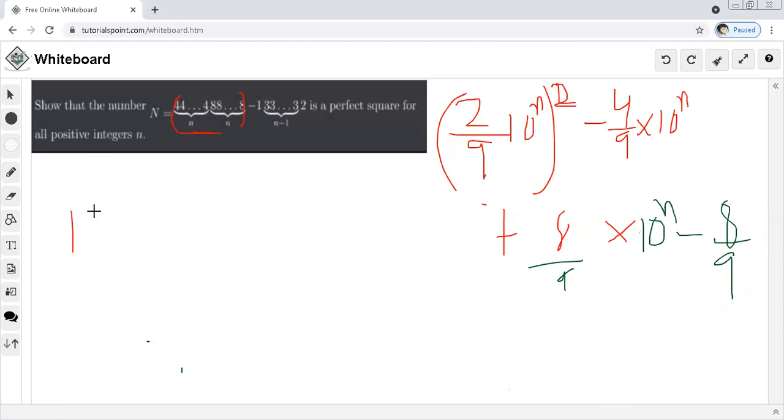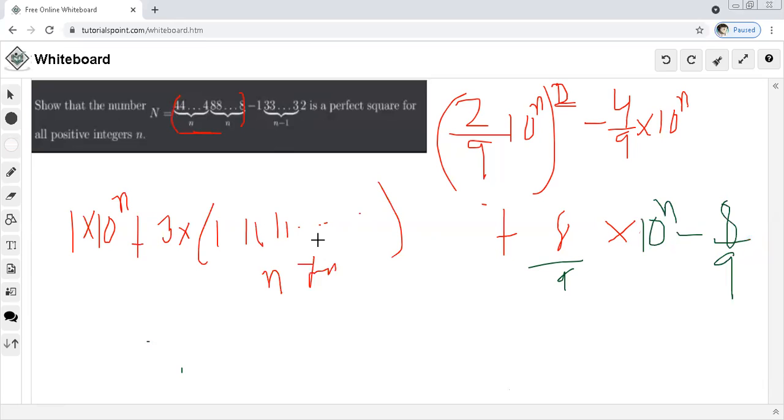Now coming to the next part, this can be written as 1 times 10 to the power n. Why 10 to the power n? Because there are n minus 1 threes followed by 1, so there are n minus 1 plus 1, n digits, plus 3 times 111...1, these are also n times. Because we have to make the last number 2, I'll subtract 1 from here so that the last number becomes 2.